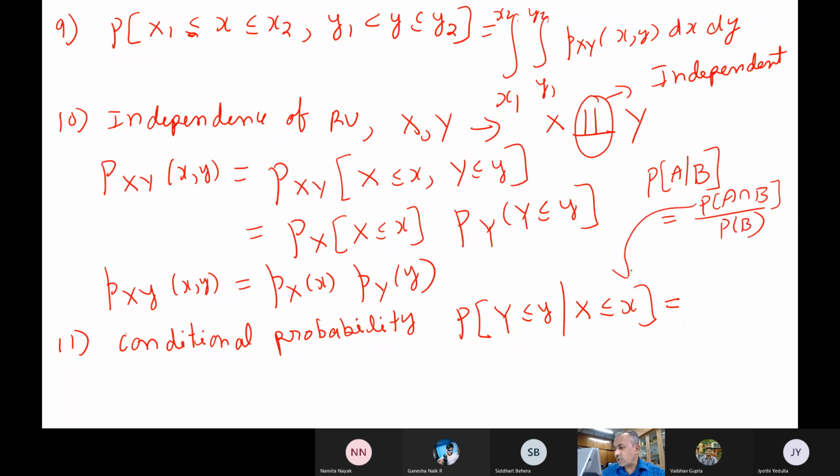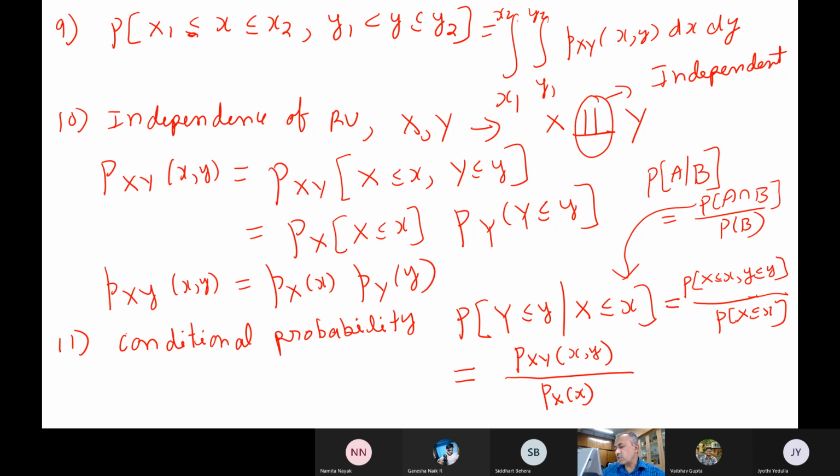Now relate this to our case. What will be P of A intersection B, the numerator? The probability of Y comma X. This is divided by P(X ≤ x). The numerator is nothing but the joint distribution itself, divided by its marginal.